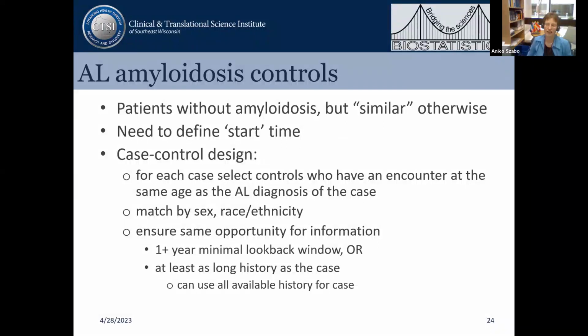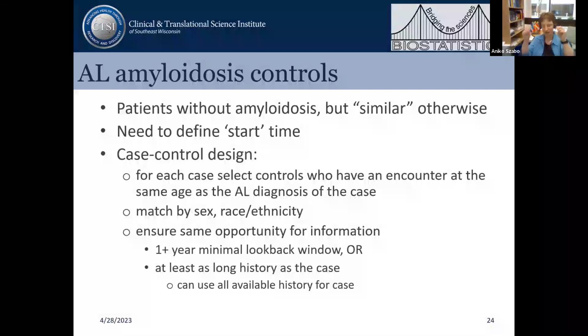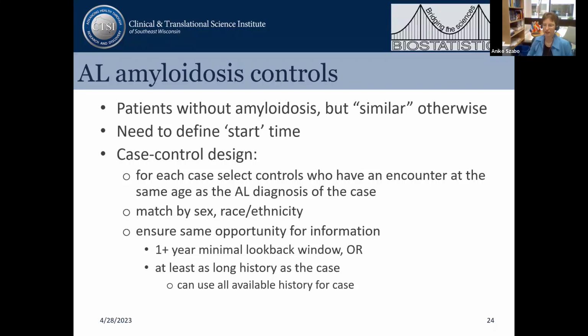Or we could say that the available history for the control should be at least as long as the available history of the case. That will tend to reduce the bias of patients with longer history being sicker, for example, than patients with shorter history available. And then maybe we don't need a specific look back window. We can always use the same length of history for cases and controls, whatever is available.